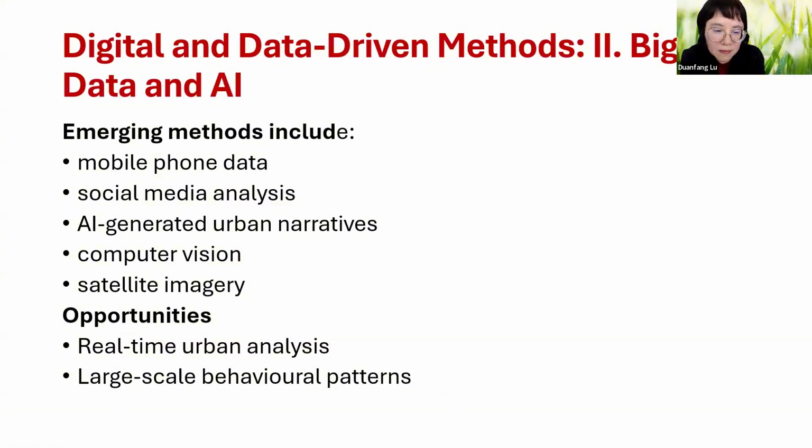For example, if you use social media discourse as a base for your design, you can easily use AI tools to do some analysis to identify, for example, what are the desirable elements in urban atmosphere for the local communities.